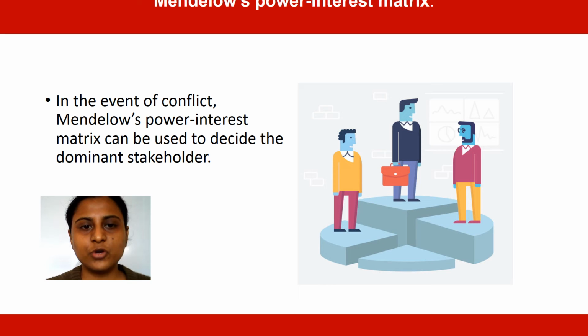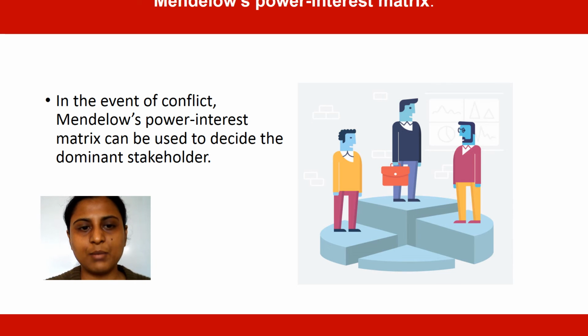And interest would be the interest in the activities or conduct of the organization for various reasons. Now remember that all stakeholders may seem to have a lot of power, or we would hope that they have a lot of interest, but relatively some stakeholders will hold more power than the others and some stakeholders will have more interest than the others.